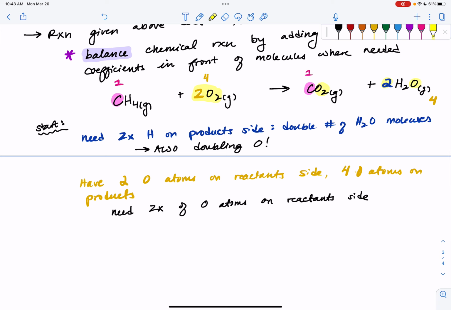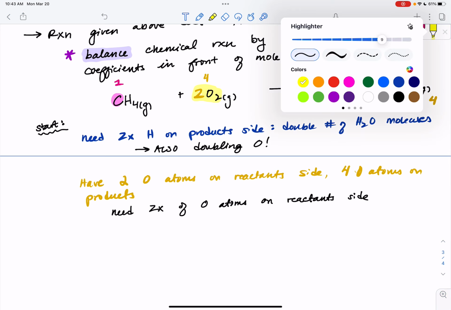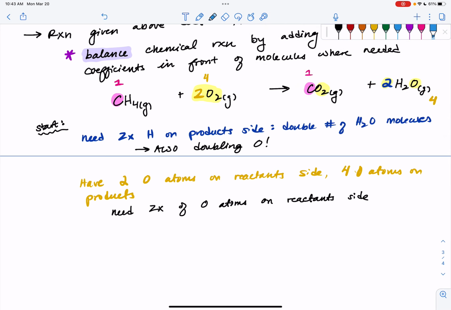And now then looking at hydrogen, I had 4 on my reactants and then 1, 2, 3, 4 on my products. So 4 and 4. Now we are balanced with these new coefficients that I'm going to rewrite down here.